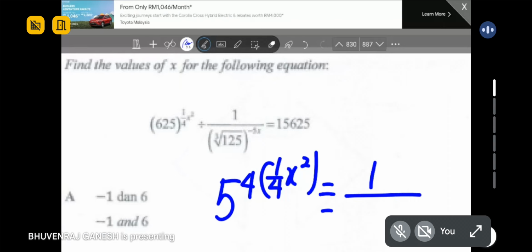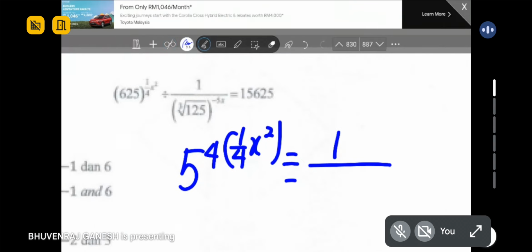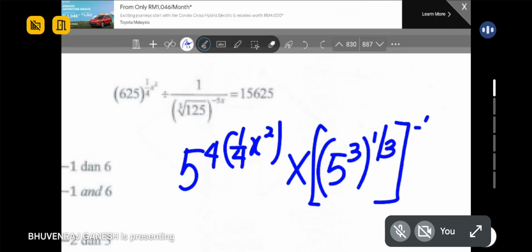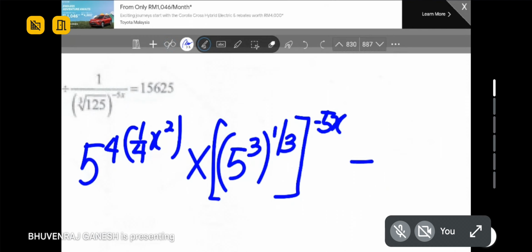divide 1 over. Okay, if divide means I can write times lah guys. Kalau bagi saya tulis darab. So darab 5 power 1 over 3, because they say cube root, punca kuasa 3. So 1 over 3 and then negative 5x. Okay, equal to 15625, which is 5 power 6 I think.